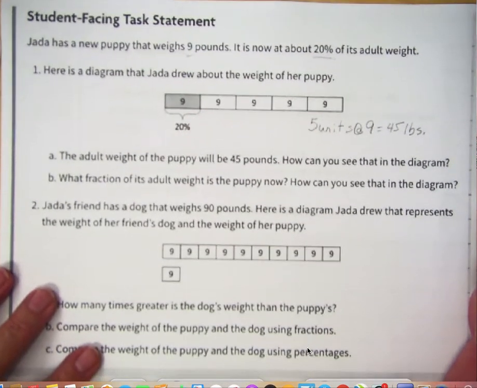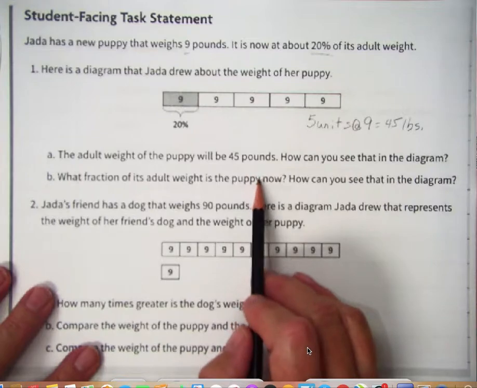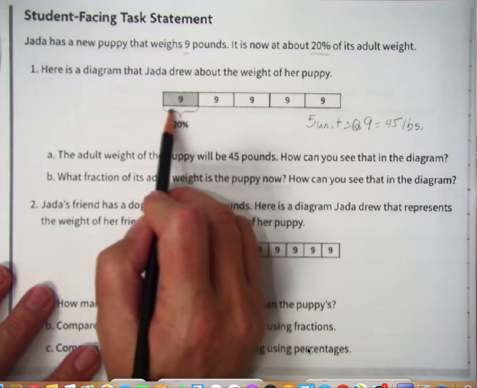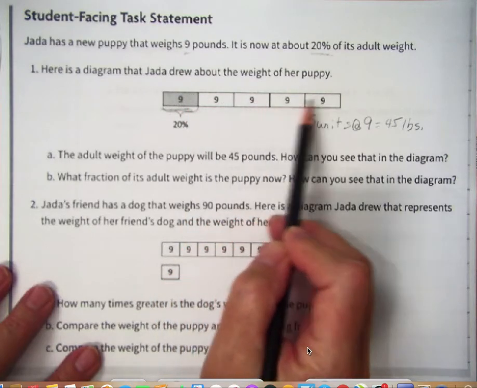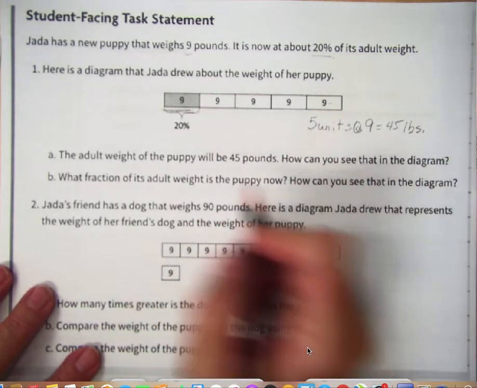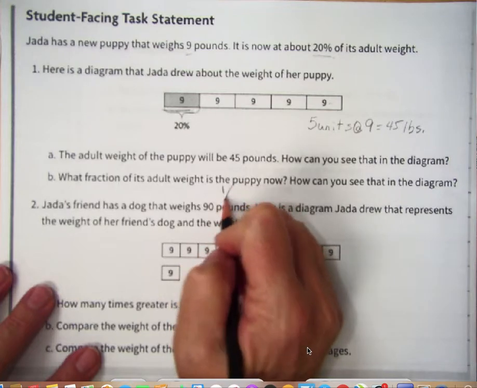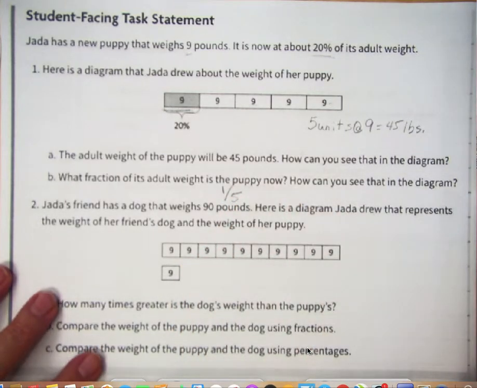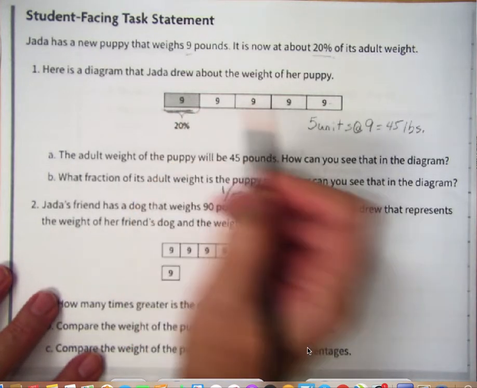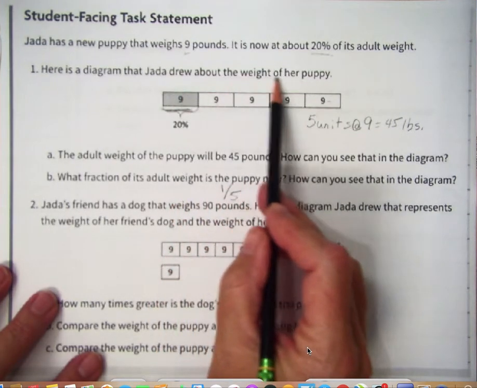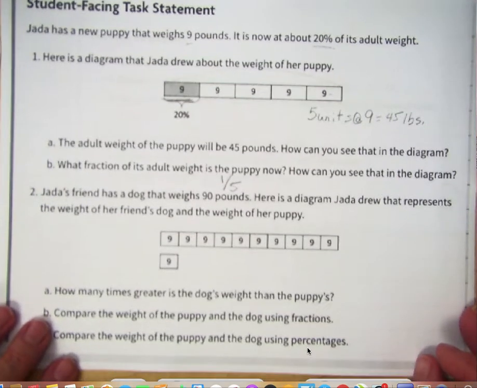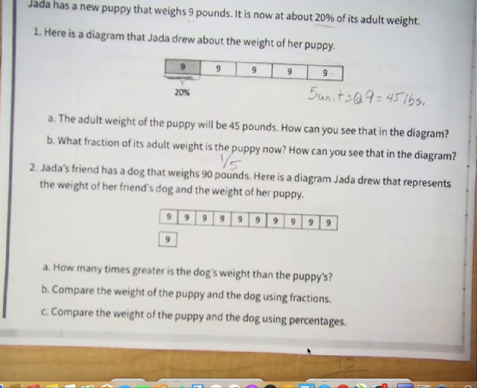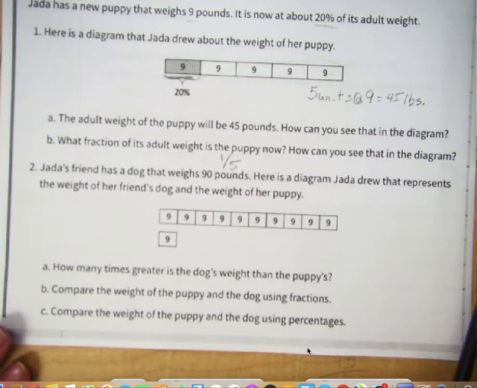Okay, so what fraction of its adult weight is the puppy now? Well, what is it? 1 out of 5. 1 out of 5. This represents the weight now. This represents the adult weight. Okay? Now, Jada's friend also has a dog. Her dog weighs 90 pounds. Okay?